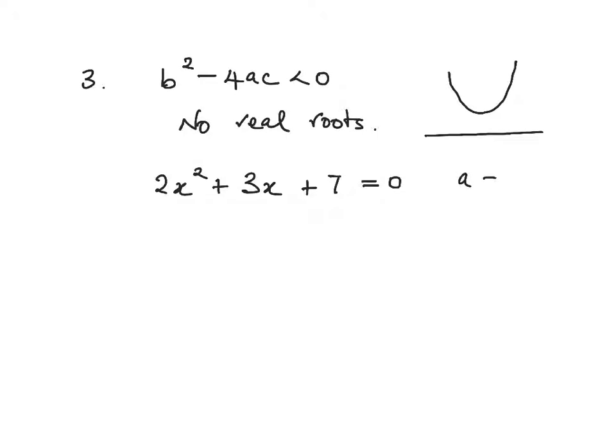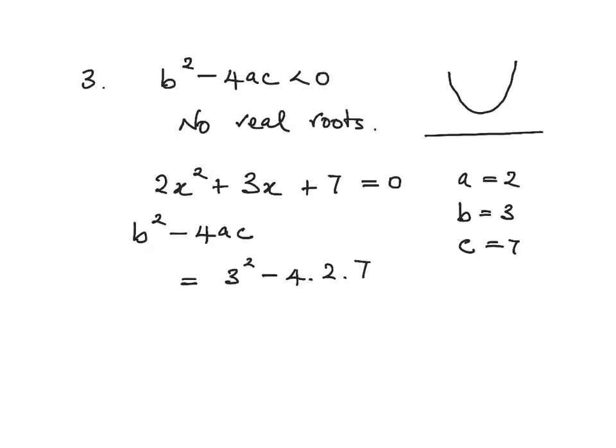We know that a is 2, b is 3, and c is 7. b squared minus 4ac is 3 squared minus 4 times 2 times 7. 9 minus 8 times 7 is 56. So that would be minus 45. And since b squared minus 4ac is less than 0, this function here has no real roots.